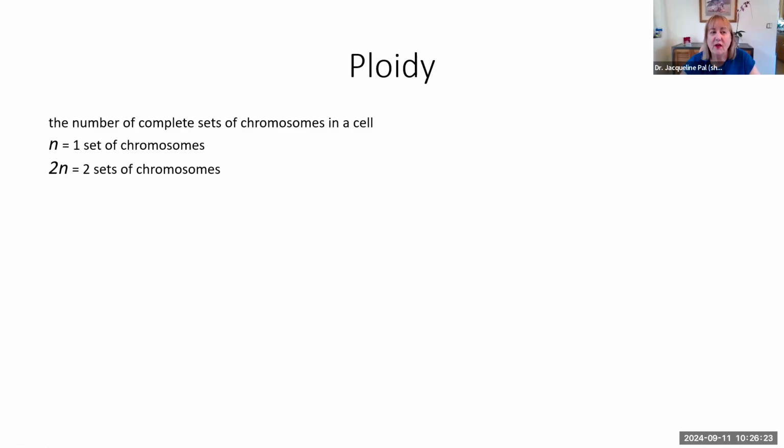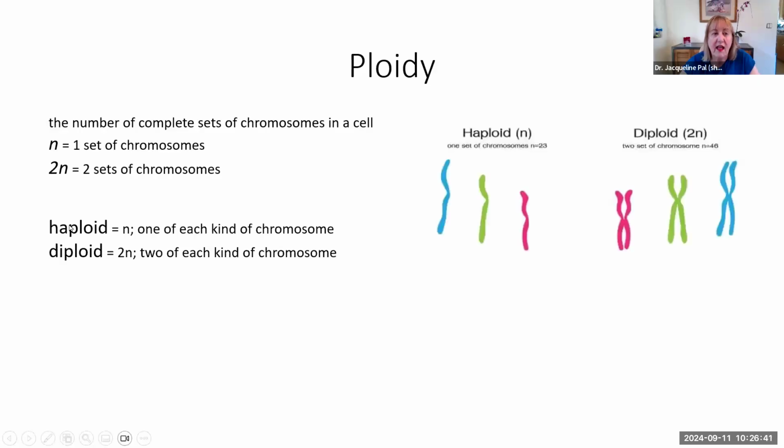So if we have 46, which would be having 2 each of 23 different chromosomes, that would mean we would have 2N chromosomes. That is the same thing as saying we are diploid.